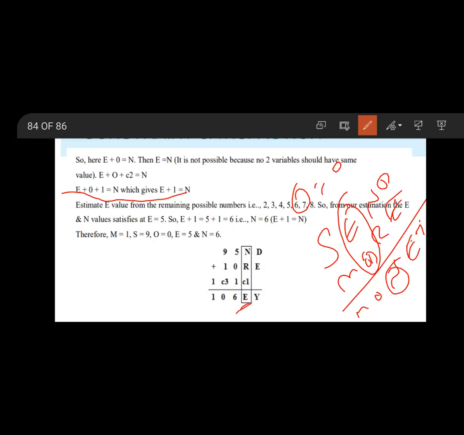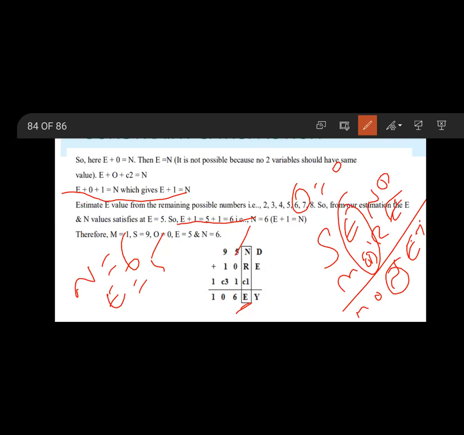Then N equal to 6. E equal to 5, so E plus 1 equals 5 plus 1, 6.